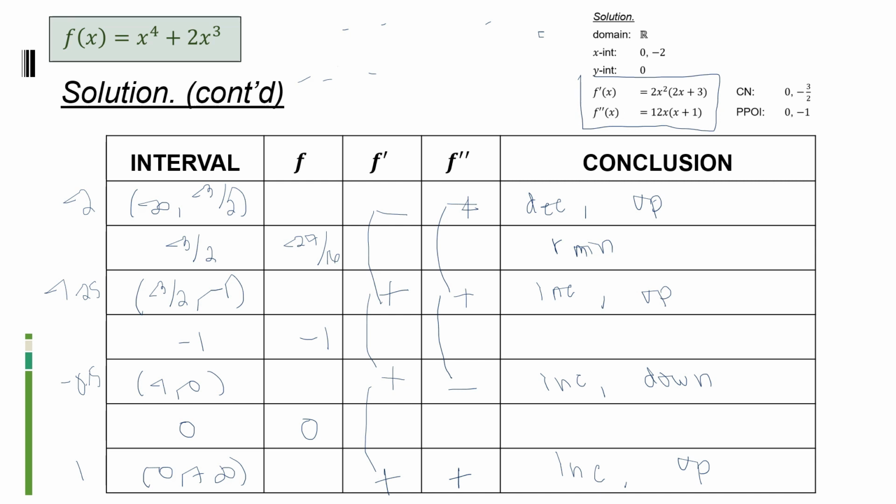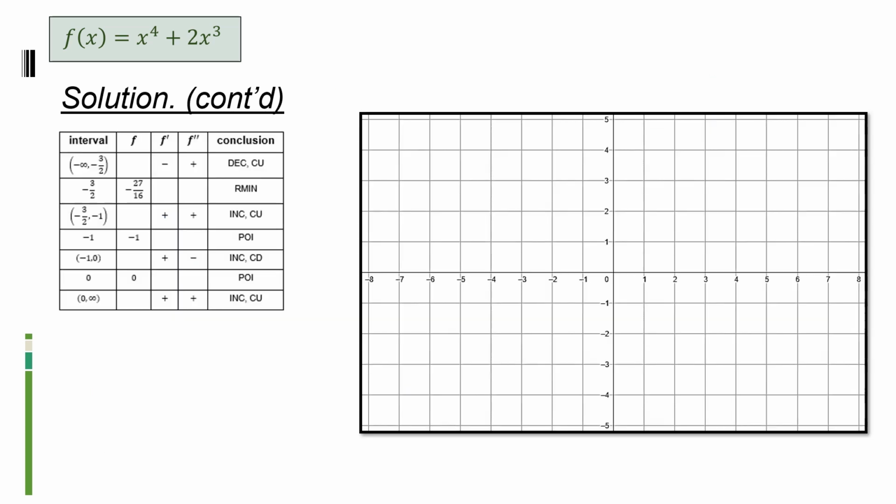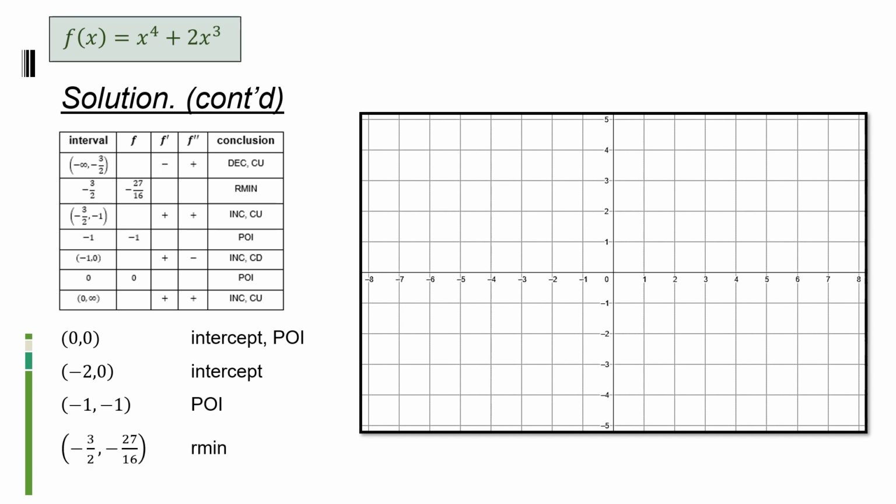Therefore, it is a POI. Here, from negative to positive means POI din. With that information now, we have 0, 0 to be an intercept and POI, negative 2, 0 to be an intercept, negative 1 to be a POI, and negative 3 halves, negative 27 over 16 as a relative minimum.